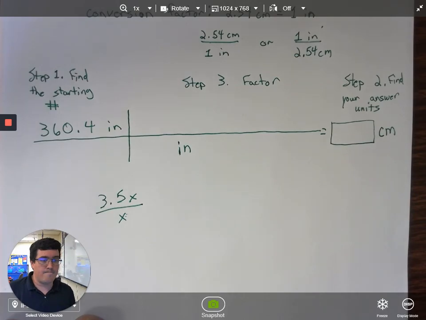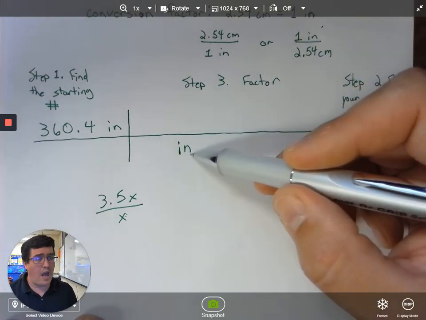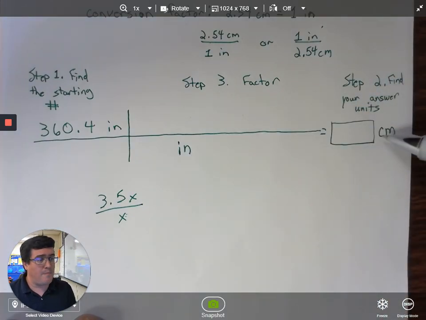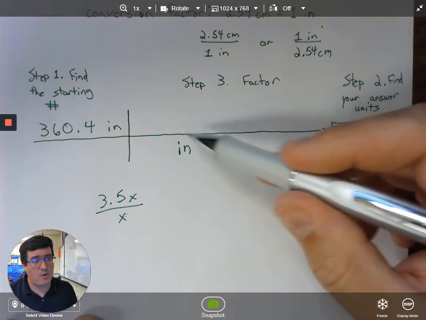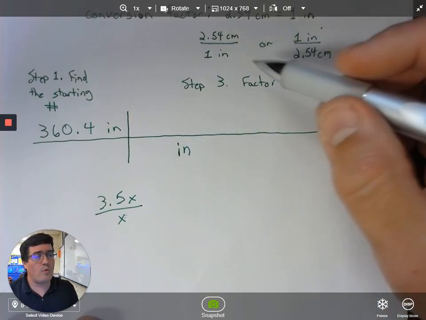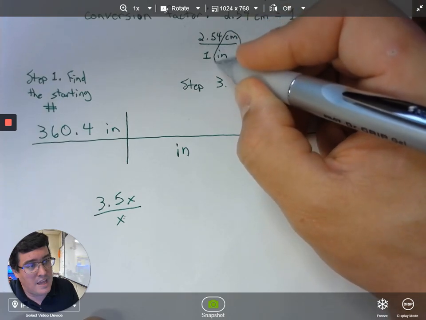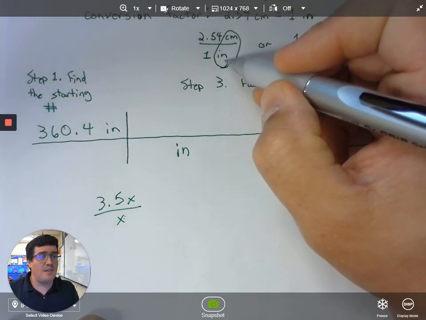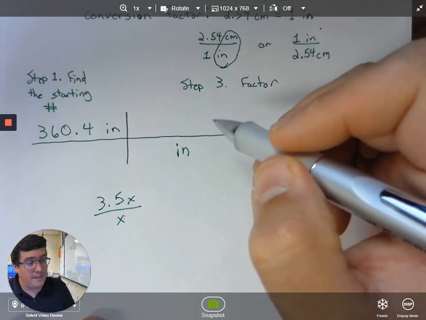Now, wouldn't it be convenient if there was some way to make a ratio where I could put inches down here and maybe put centimeters on the top, right? Since I need centimeters in my answer, it's got to win in here somewhere. And we've already written that. If you look right here, we've got inches on the bottom, centimeters on the top. That's beautiful. So we're going to fill in the rest of that.